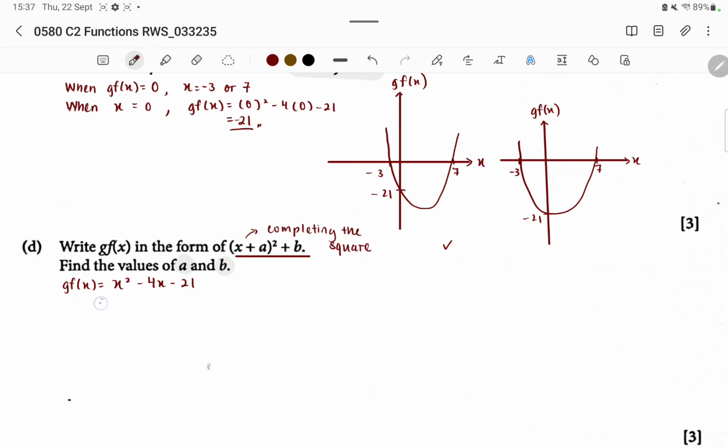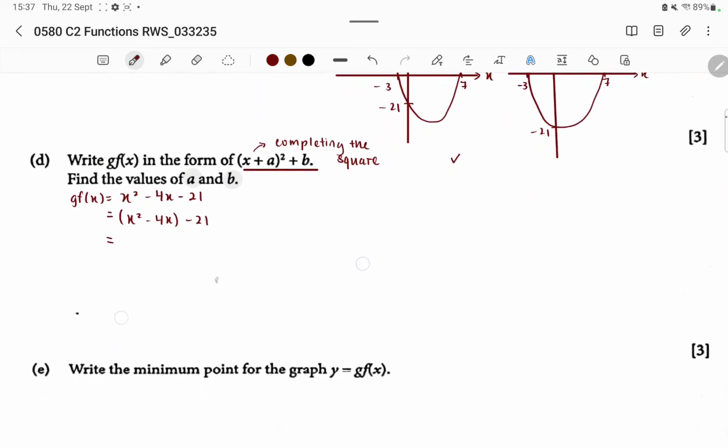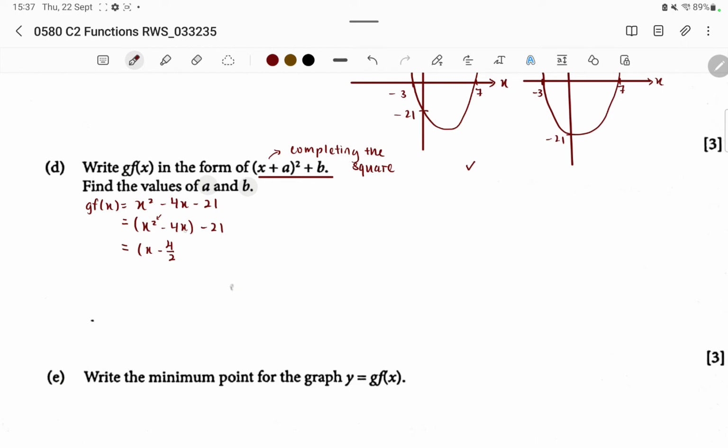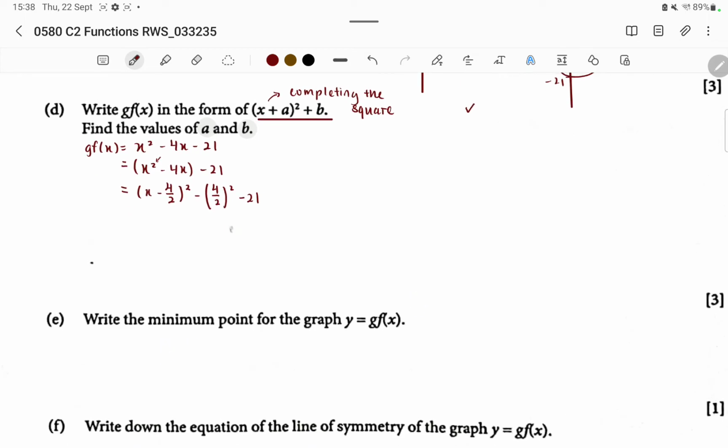The next thing you need to do is remove the square. So x minus, we divide 4 by 2, so 4 over 2, and then square, and then minus (4 over 2) squared, and then copy back down, minus 21, and then simplify it.